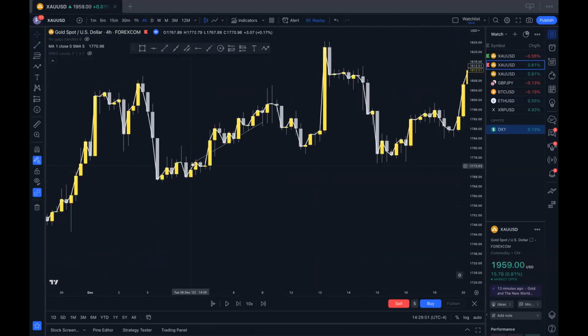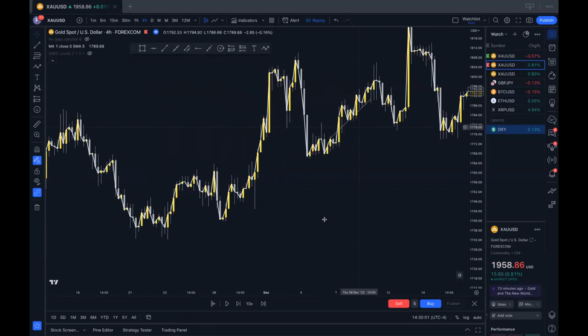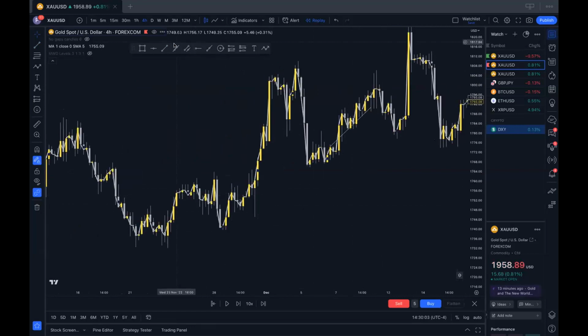So you have resistance, breakout, support, and go. Not the cleanest example, but it's still valid. Okay, you have resistance, breakout, support.